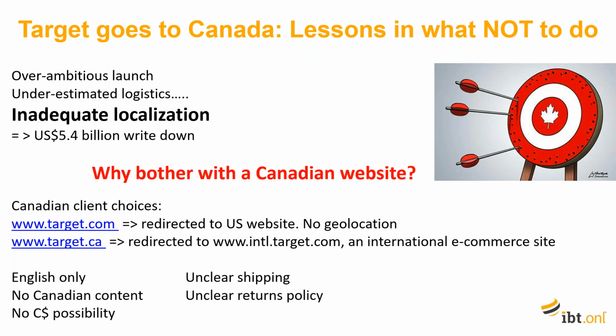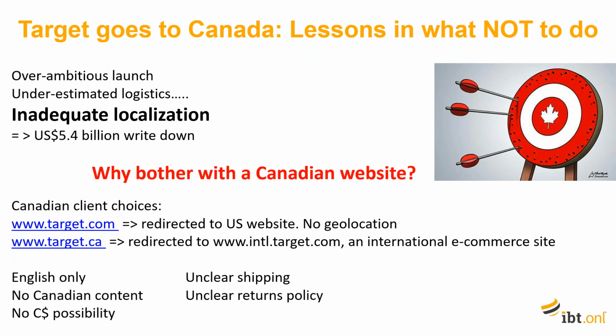Now, they did not open an e-commerce site in 2013, and this puzzled a lot of Canadians too. So in 2015, they launched a Canadian website. But this was actually not necessarily that good. This was just 5 months after they closed their last Canadian stores.